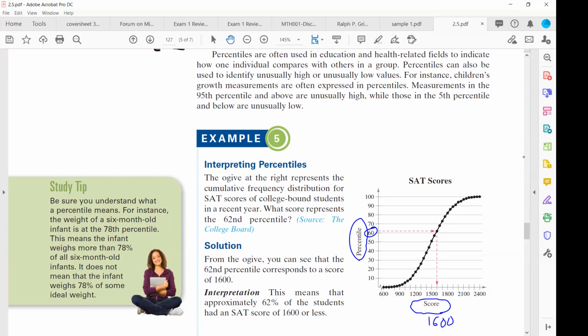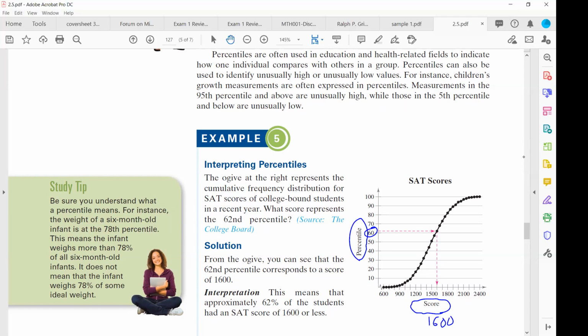So what's the meaning of that? It means that almost 60% of the students who participated in the SAT exam got lower than 1,600 on their exam.